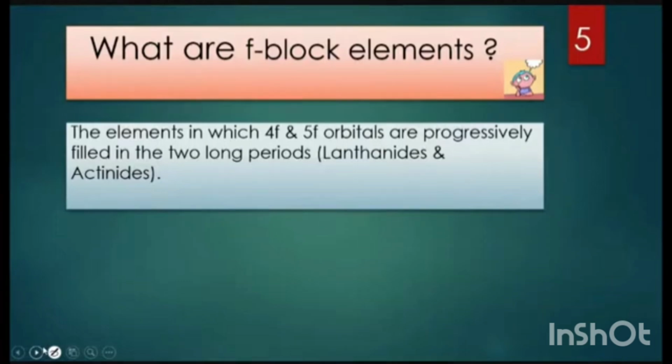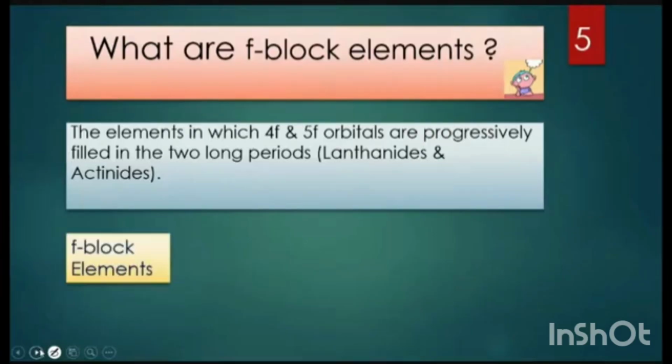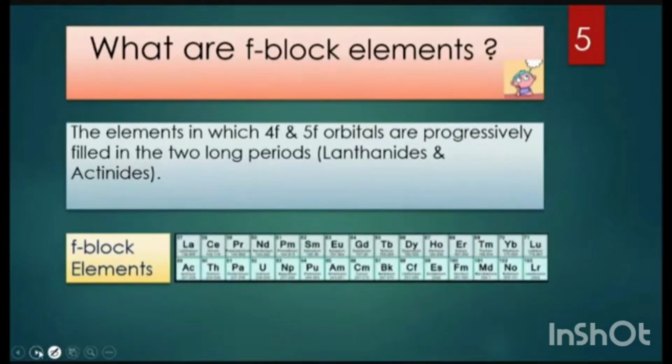In the lanthanide series, the 4f orbital is progressively filled. You know that in any f orbital we can accommodate a maximum of 14 electrons. In the actinide series, 5f orbitals are progressively filled.